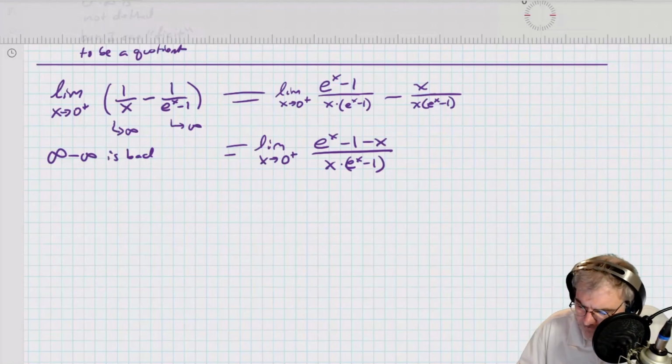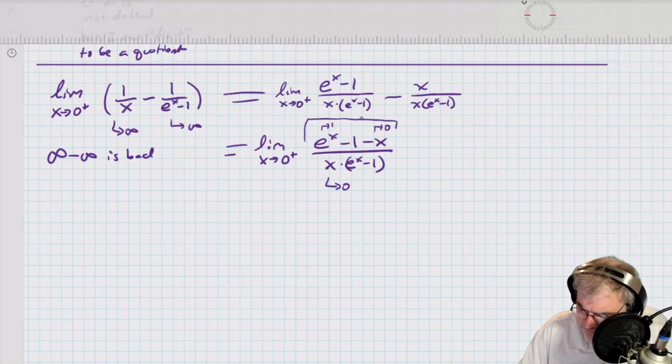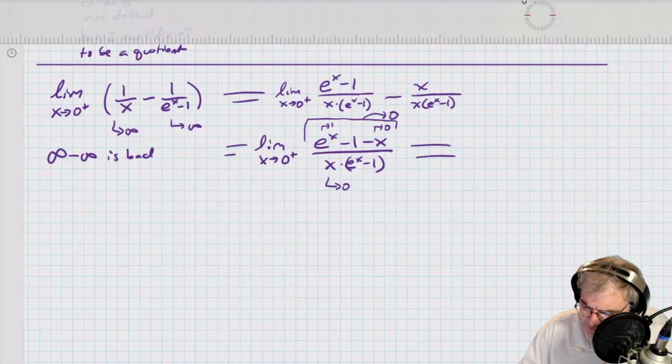Okay. So now I've got something. This bottom bit is going to go to 0 because that goes to 0. This top bit, this piece is going to go to 1. This piece goes to 0. So this whole bit here goes to 0. So now I can apply L'Hopital's rule.